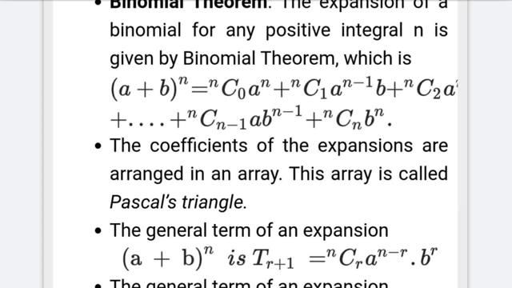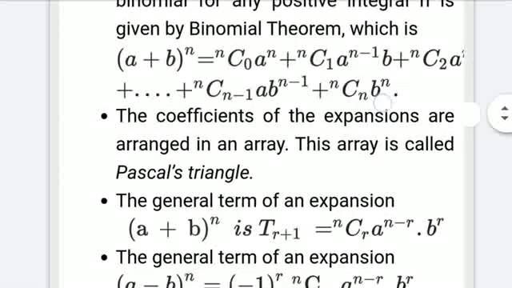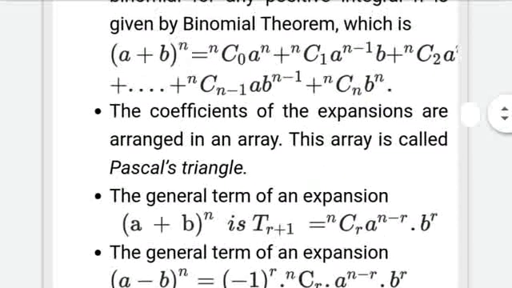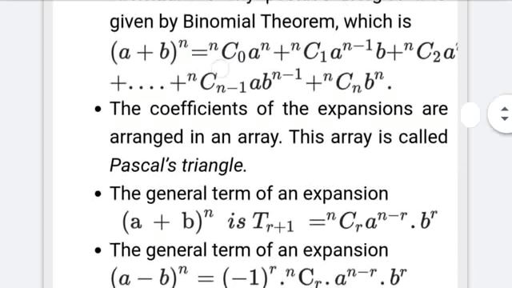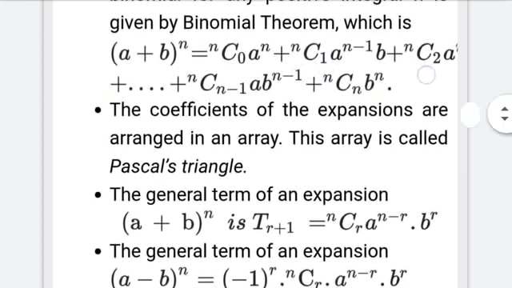Here you see that the power of a decreases and the power of b increases, right. Similarly, the combination starts from 0 selection, nC1, nC2, up to nCn total selections, right.